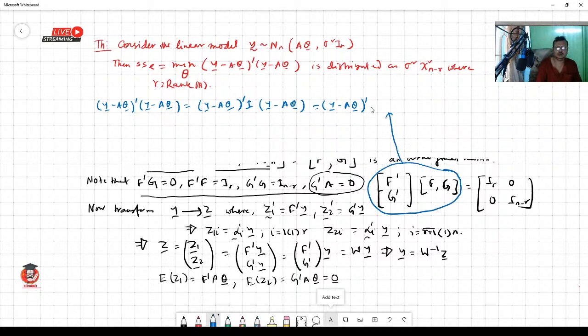So I write this as A prime F prime, z prime z, equal to y curl minus A theta curl. I think it is better to write just this form instead of this, just F prime G prime F G.